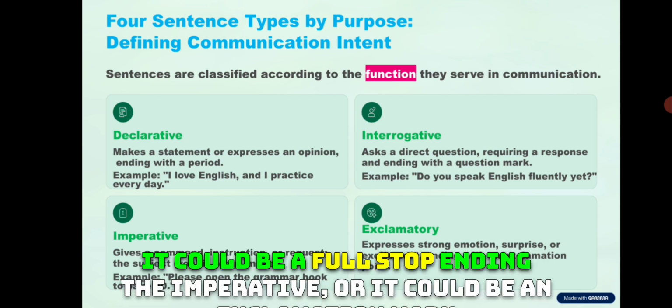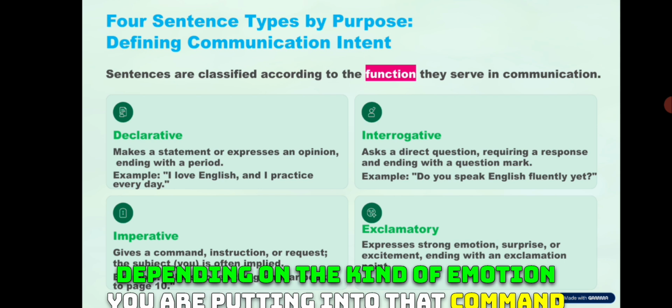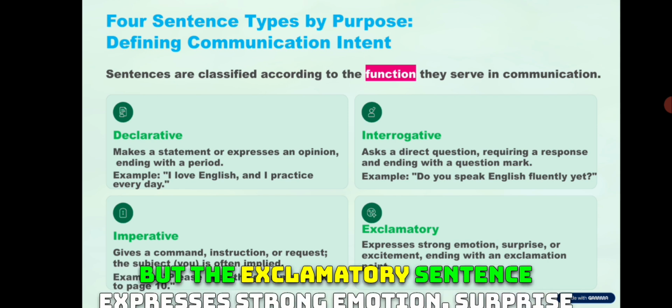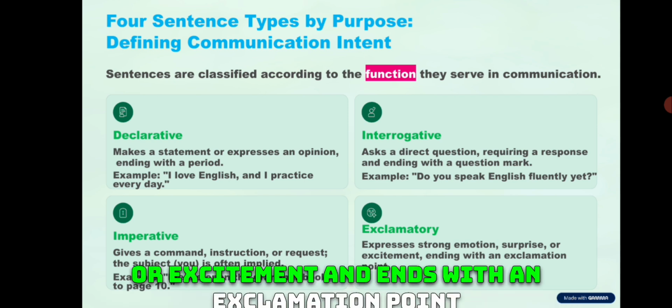It could be a full stop ending the imperative, or it could be an exclamation mark, depending on the kind of emotion you are putting into that command. But the exclamatory sentence expresses strong emotion, surprise, or excitement, and ends with an exclamation point.